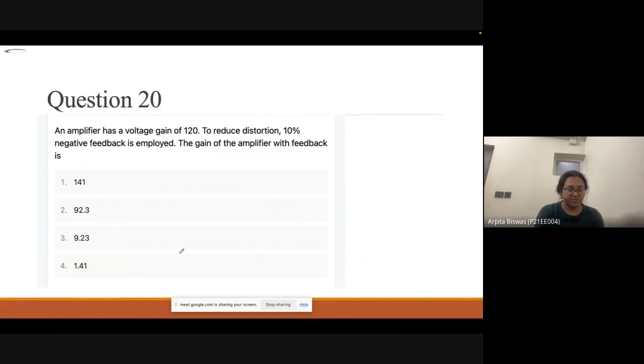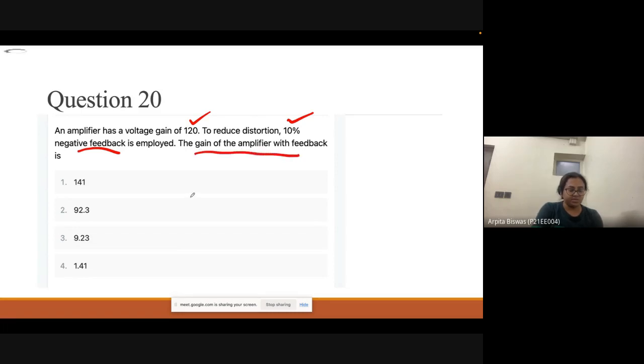So how to find out the value? So see, an amplifier has a voltage gain of 120 and the reduced distortion is 10%. Okay. A negative feedback is applied here and we have to find out the gain of the amplifier with feedback.